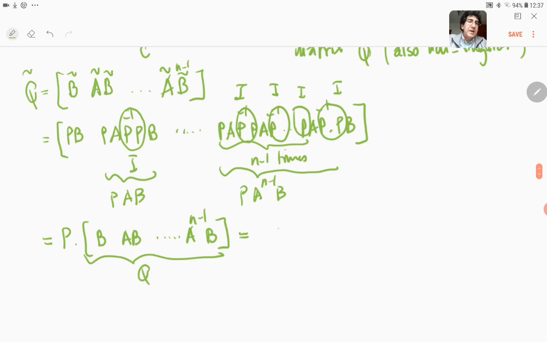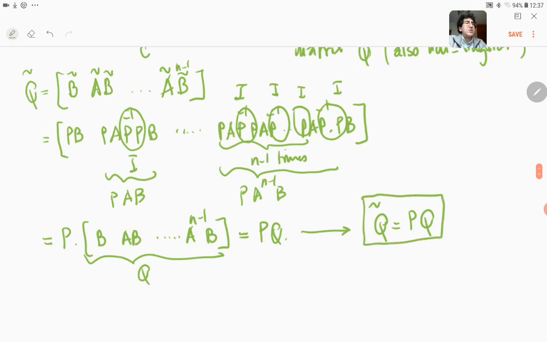So you have this being P times Q. So Q tilde is equal to P times Q. This is a relationship between the controllability matrices of the two representations. You can see that Q tilde is also non-singular.